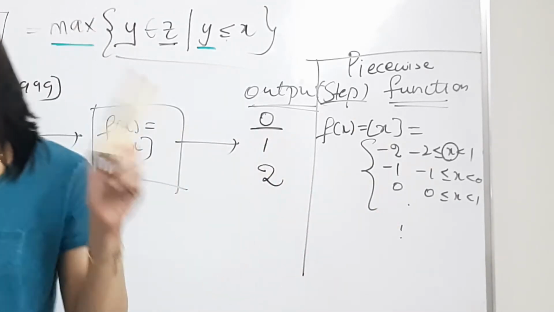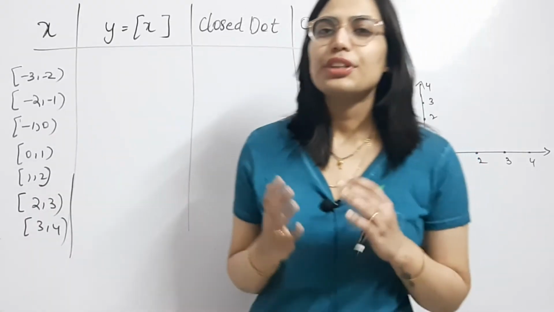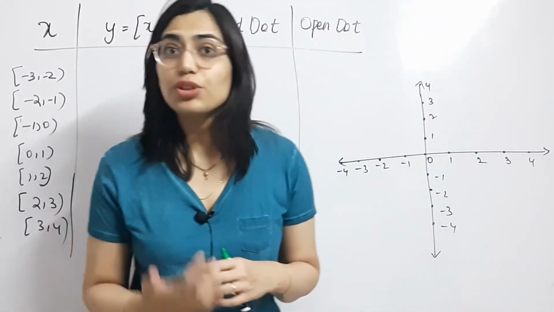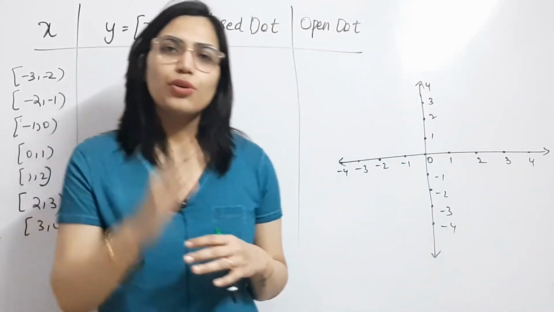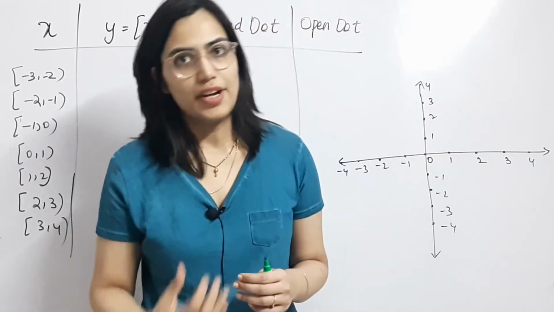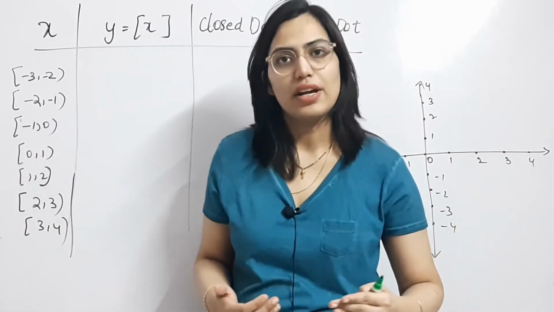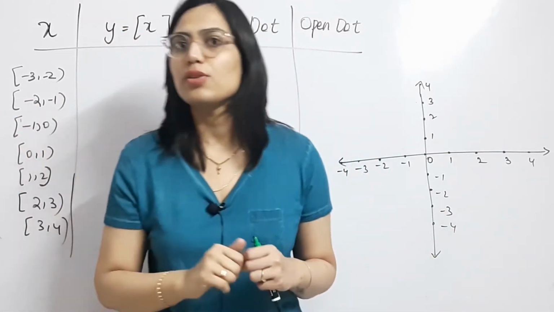Now using this concept in mind, let's try to plot a graph. So how do you typically construct or plot any graph? I have shown you in my previous videos that it is always easy to draw a graph when you assume a set of values in a table. You assume these are the x values, and if I put these x values in that function, I will get y values as an output.